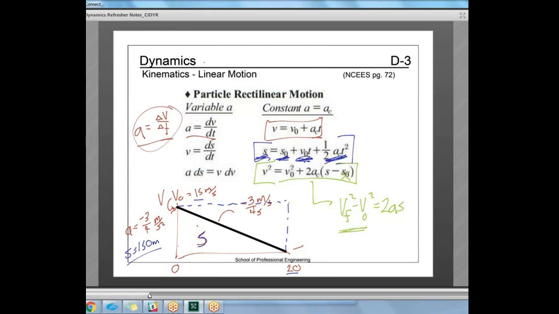Do you agree that what I've written is the same? I kind of left off the S naught because the S naught is usually 0, but leaving off the S naught part, what I've got here is that the difference in the squared velocities is 2AS. And how is that equation fundamentally different from the ones above it?